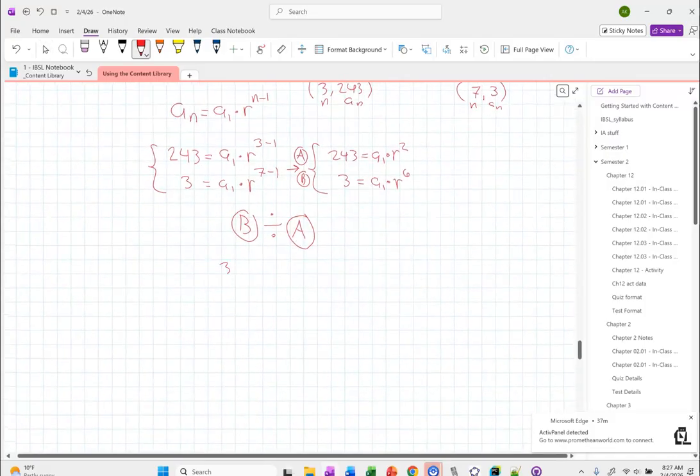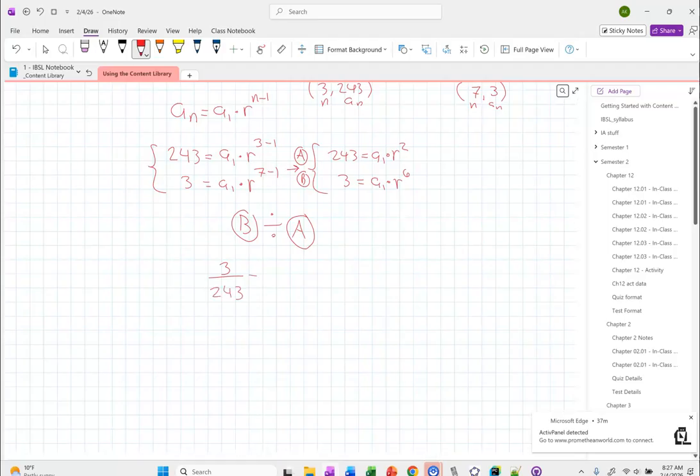So when I do that, the left-hand side would be 3 divided by 243. And the right-hand side would be a sub 1 times r to the 6th divided by a sub 1 times r to the 2nd. Is everybody okay there? So 3 over 243 reduces to 1 over 81.